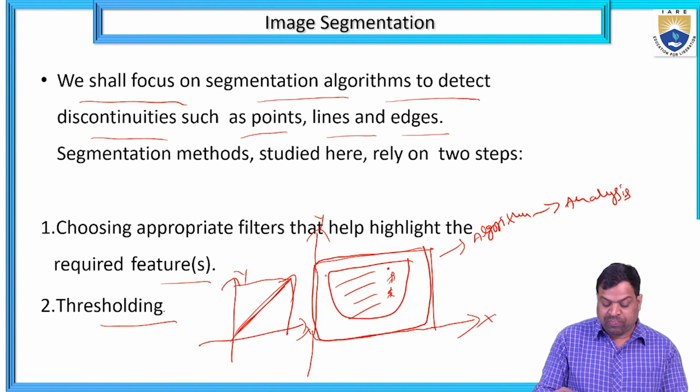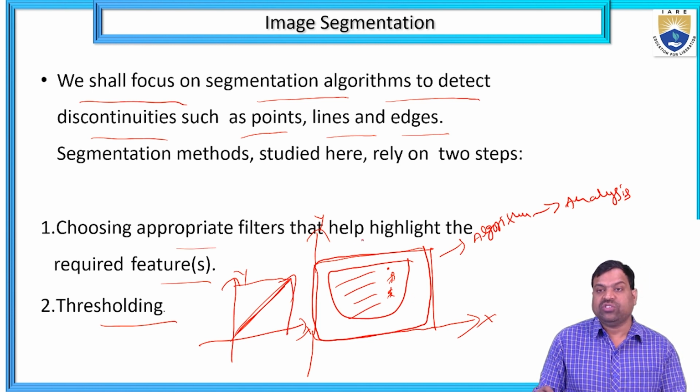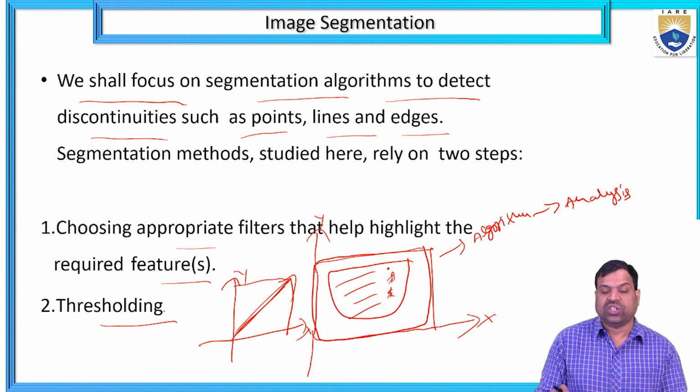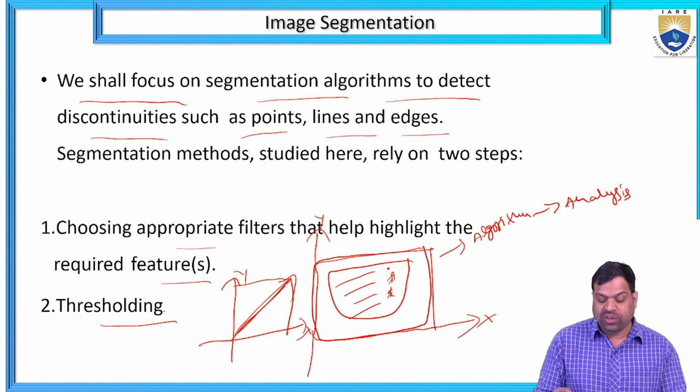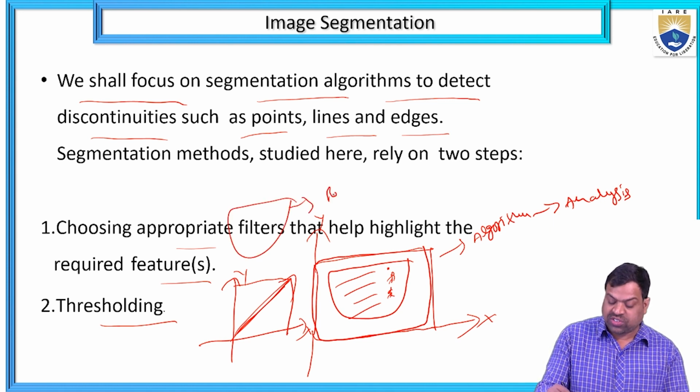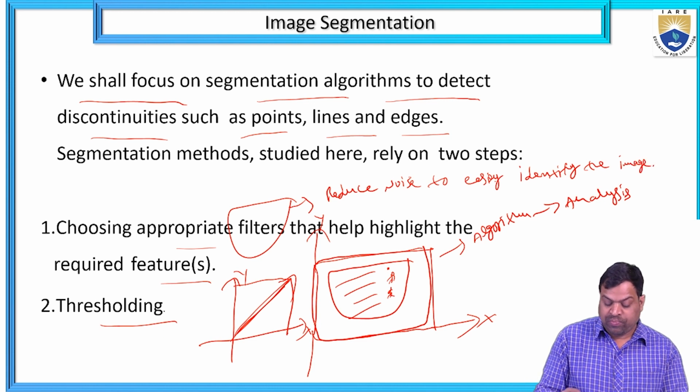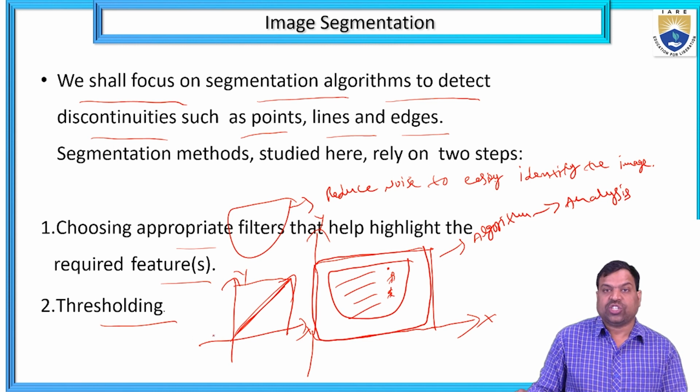Filters are used to reduce the noise, to easily find the segmentation, the shape of the image, or to identify the image's originality. So, choosing an appropriate filter helps highlight the required features, or thresholding.